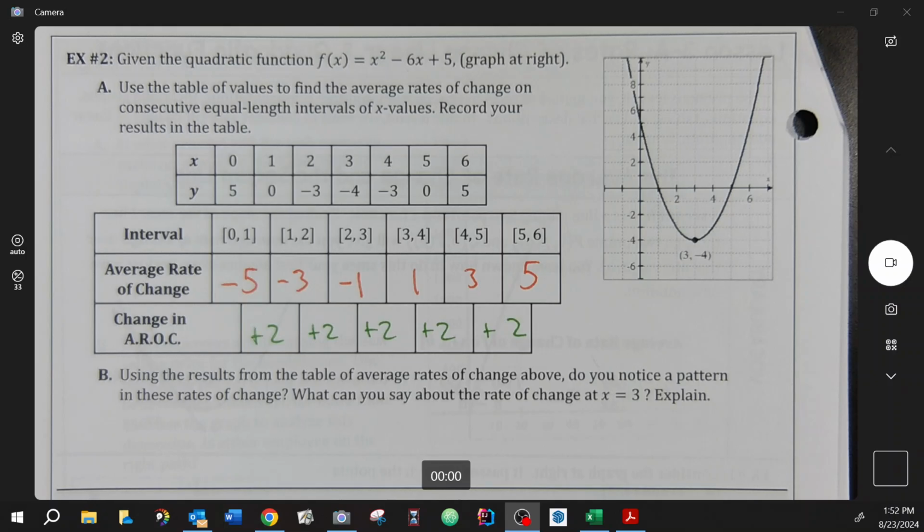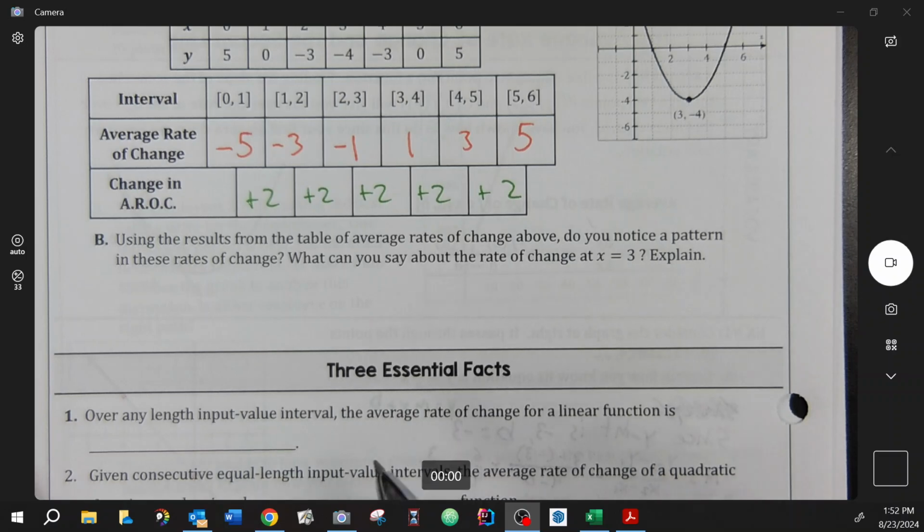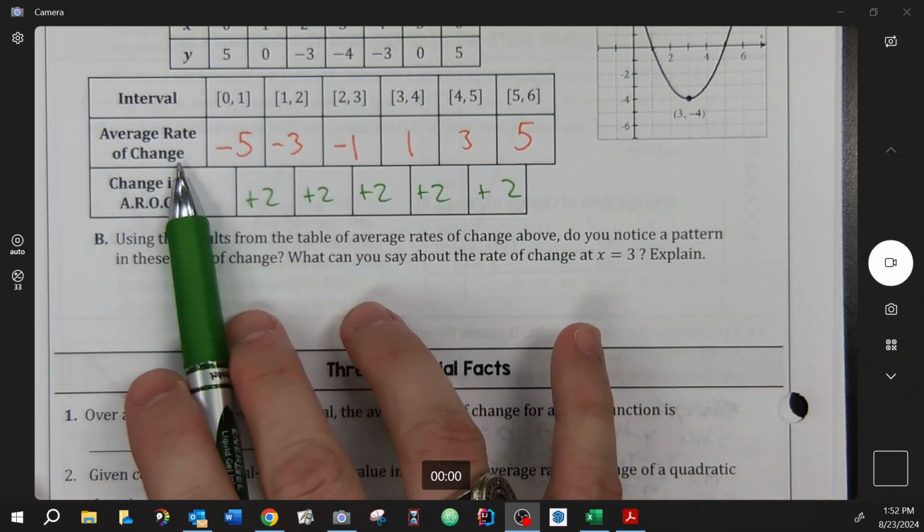So it's almost as if you have stumbled across a truth of calculus. What do you think the change in rate of change is going to be for cubics? How about that? 3. How about that? Anyway, it says use the results from the table of averages. No, using the result from the table of average rates of change above.